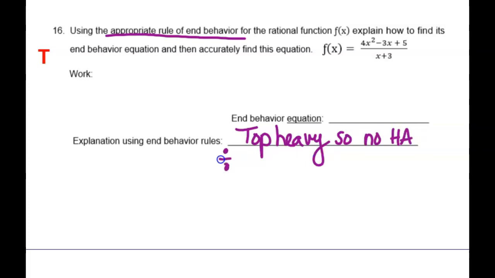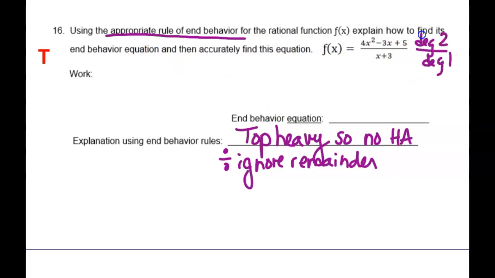You have to divide, ignore remainder. Okay, that's basically copied right off the peach sheet, which you will have on the back of the final. All right, so this one is top heavy. It is degree 2 over degree 1, just to clarify that.